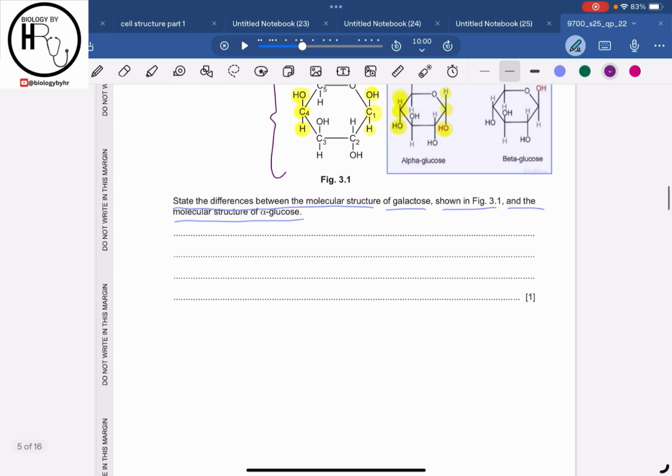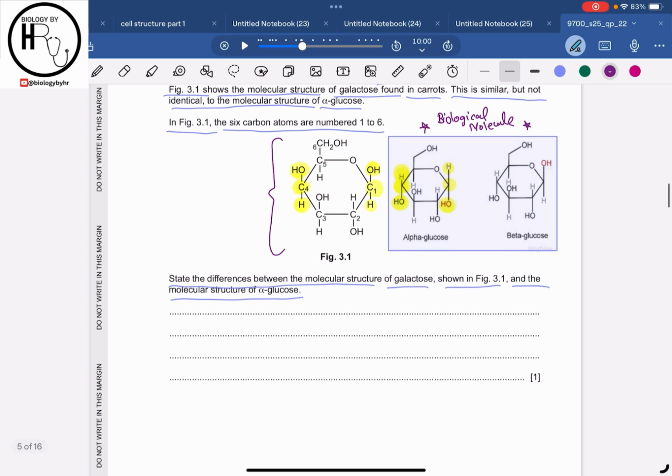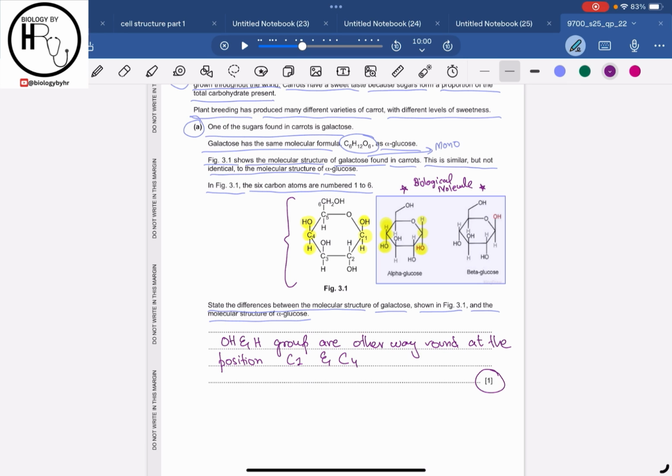So how can we write its answer? We can write that the OH and H groups are the other way round at the positions C1 and C4. Also, this is a question for 1 mark, so this answer is enough to secure full marks.